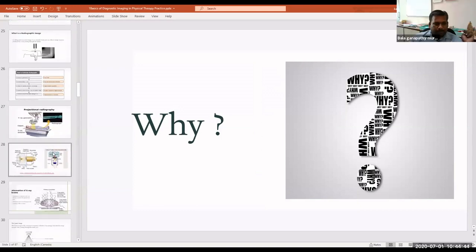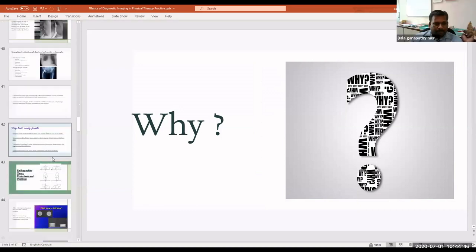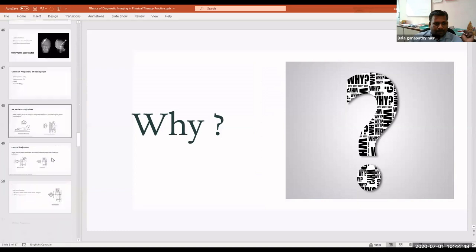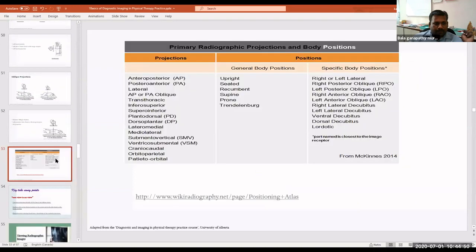I'll copy that. The WikiRadiography, you can just click a link and then you can share that link. Still you're not able to see? No, sir, you have to share that screen. It is not getting shown. Okay. One second, I'll just try to share.